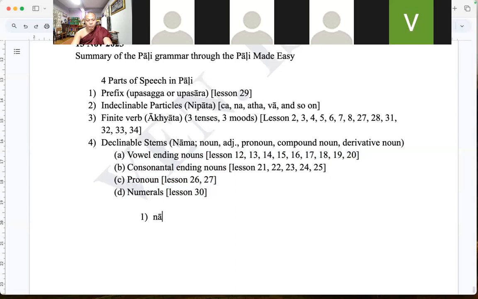The first one we call the nama. That means pure noun or original noun, not created. Okay.